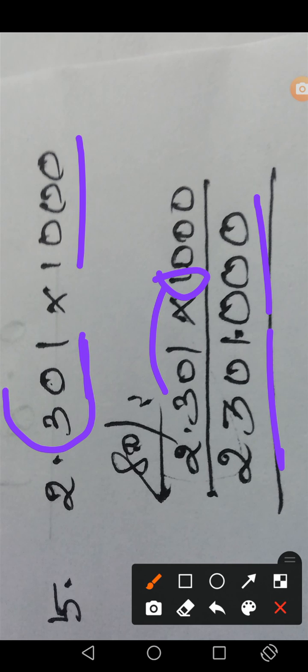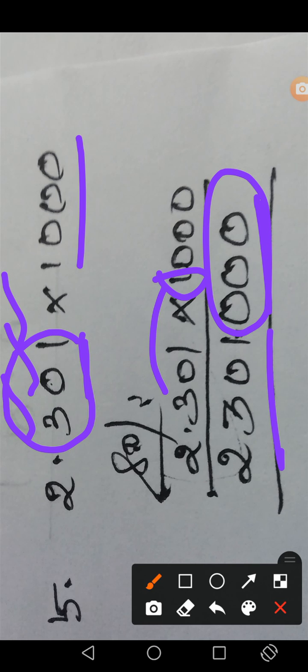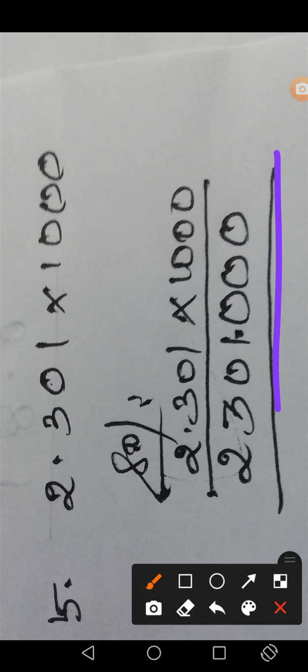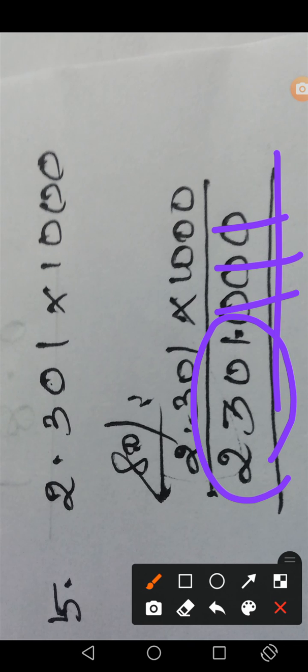How to identify the point: after 1 2 3, so 3 numbers, from back to front, 3 numbers before, you keep the point. So we get 2301.000. These zeros are meaningless. Point after zeros is meaningless. We get 2301. That is the solution.